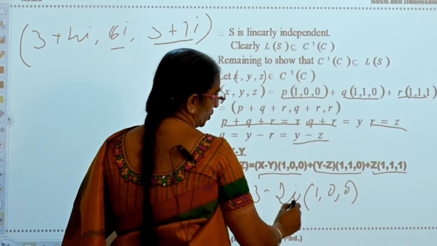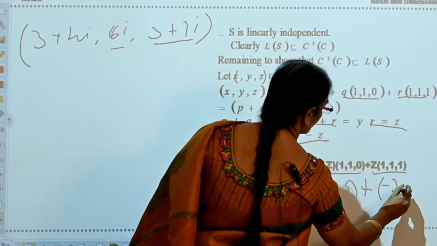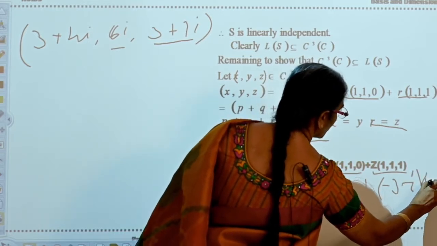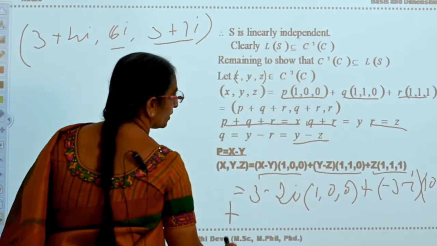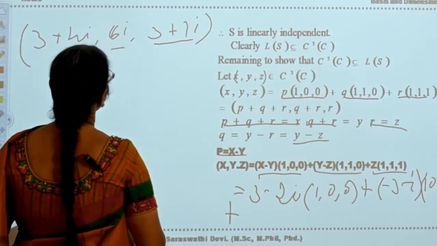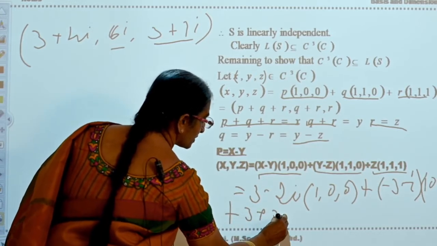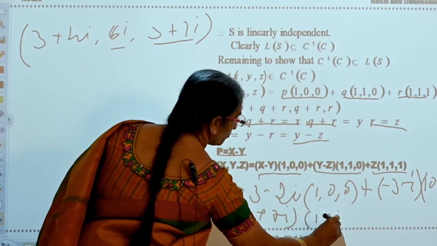Is it or not? So, plus (minus 3 minus i) into (1, 1, 0) plus, last one, z. What is z? 3 plus 7i. Is it? (3 plus 7i) into (1, 1, 1).